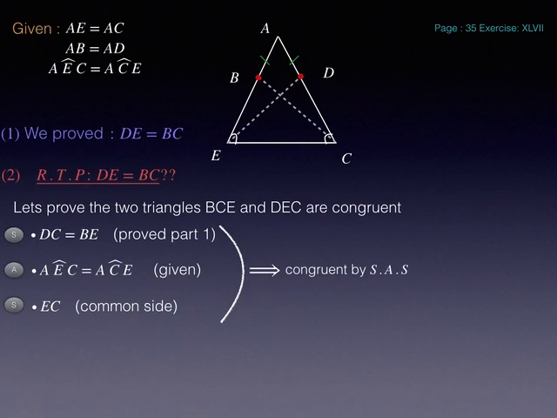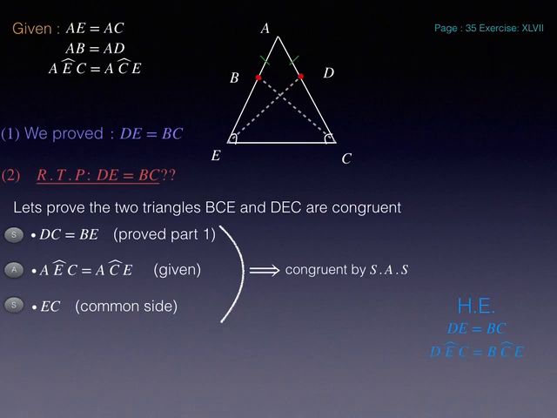So now we can deduce the homologous elements. We have three corresponding elements: one side and two angles. The first two equal sides are DE equals BC. So now we can say that DE equals BC because these two triangles are congruent, and DE is a side in triangle DEC, while BC is a side of triangle BCE.